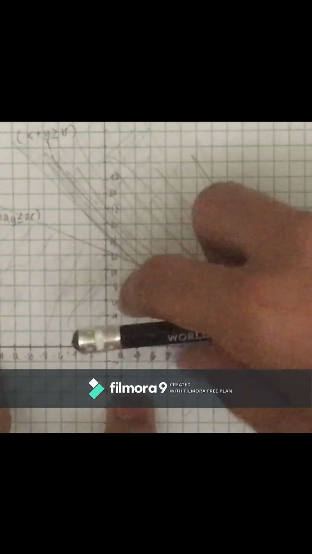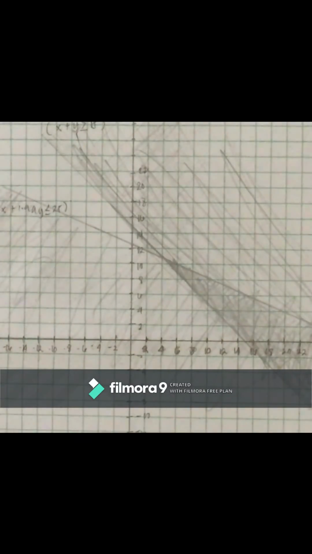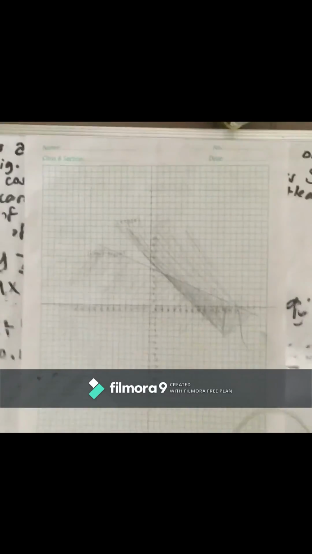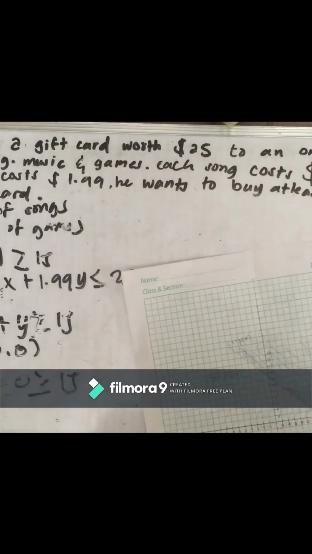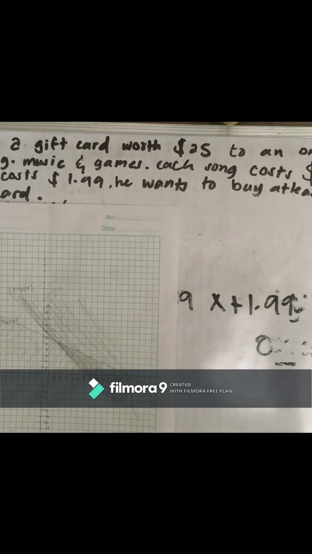Now all the points in this area are a solution to this system. So all of this area is the solution to this problem. And that's how you shade.